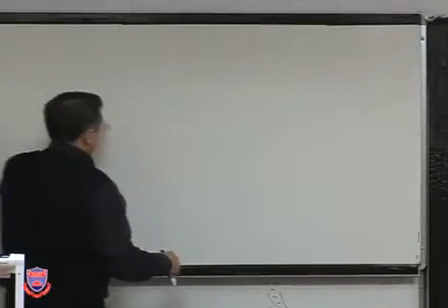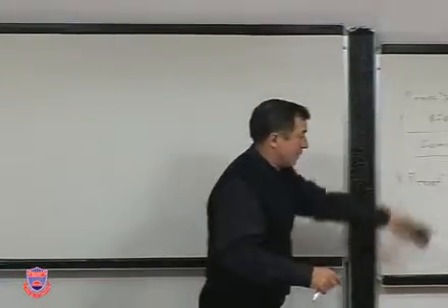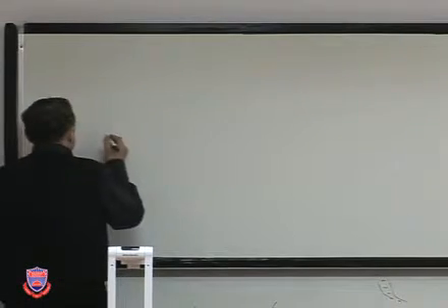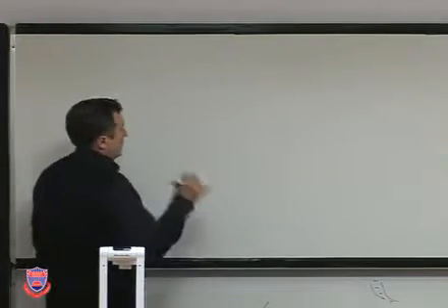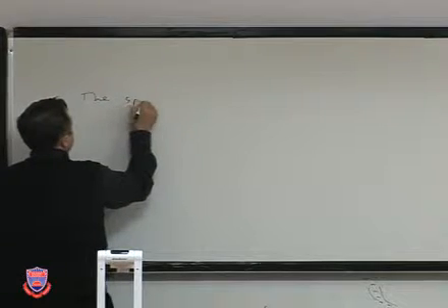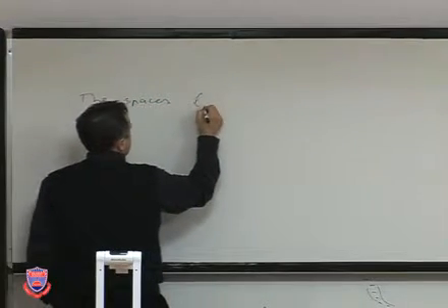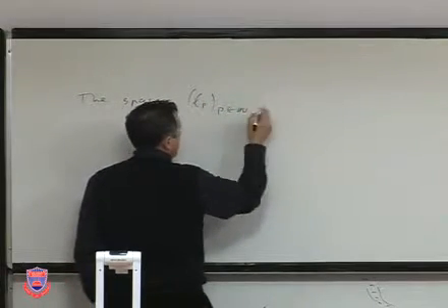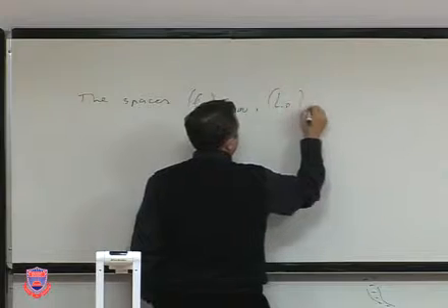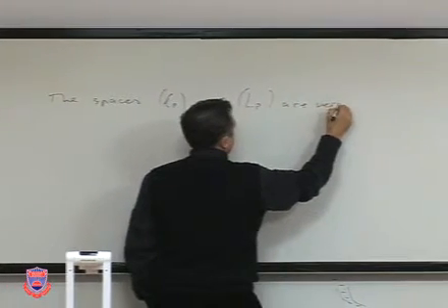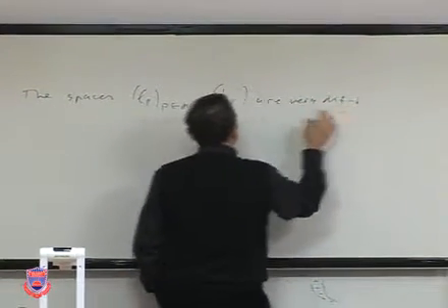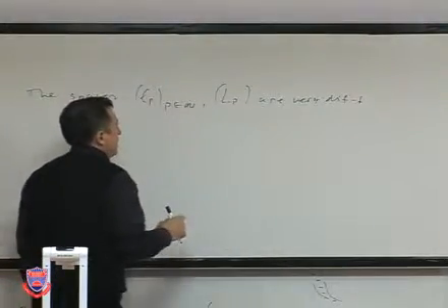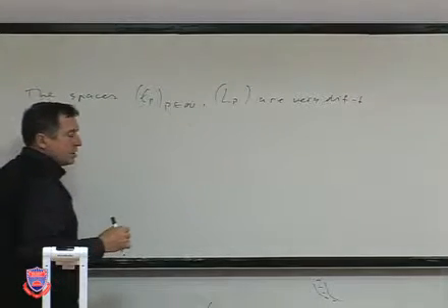So this is about embedding of spaces. Now about topological embedding. The spaces LP for different P are very different, even for the same measure space.